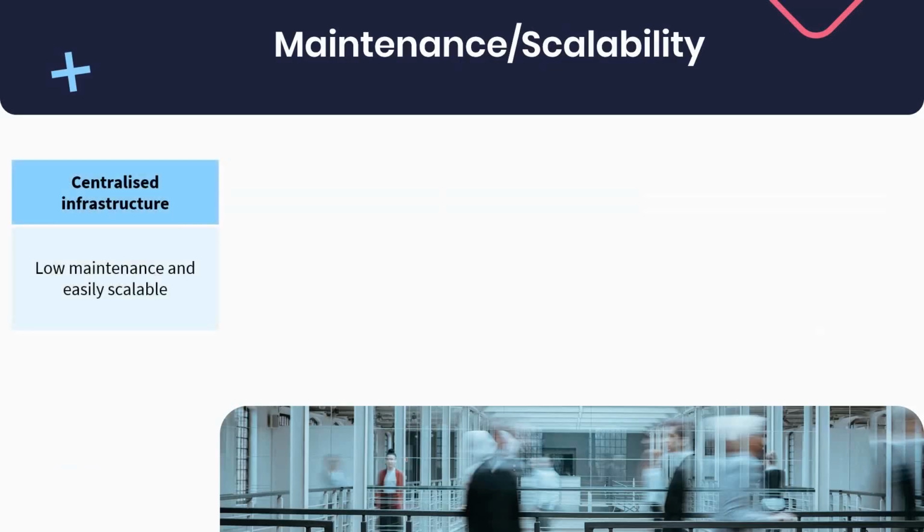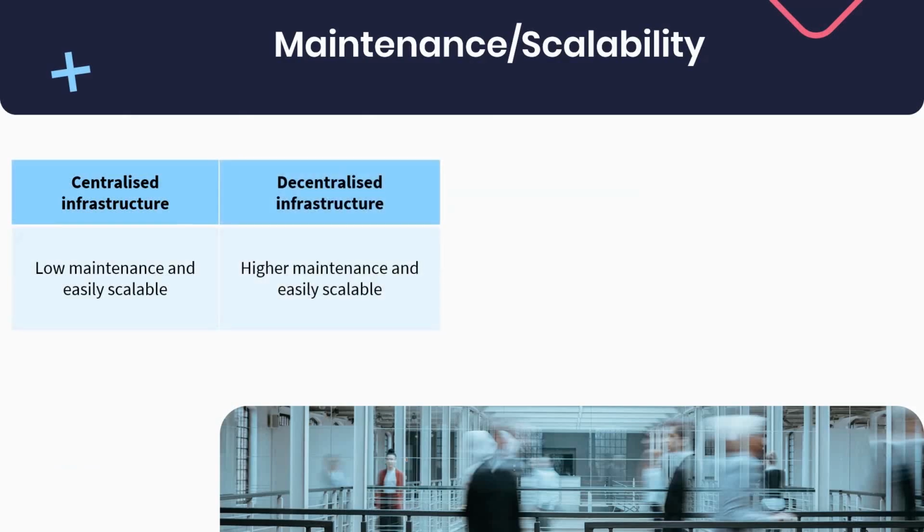And finally, in terms of maintenance and scalability, a centralized infrastructure is low maintenance and is easily scalable because the centralized node or server needs to be optimized due to its workload. A decentralized infrastructure has higher maintenance because of the distributed server with a company's sites. All sites will need to be maintained because they have equal workload.